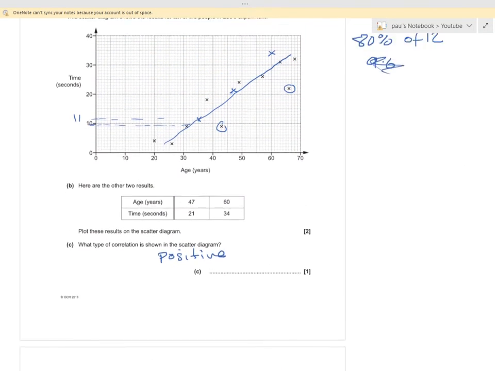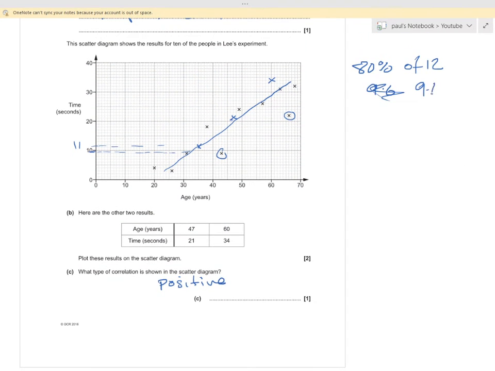Right, okay, so I'm still going to do 9.6. Now, under 30 seconds is that. So I've got 1, 2, 3, 4, 5, 6, 7, 8. So only 8 people were under 30 seconds.